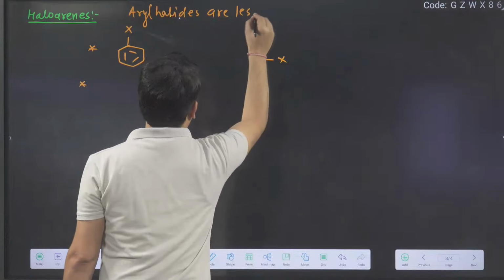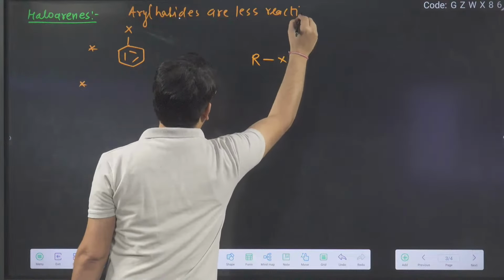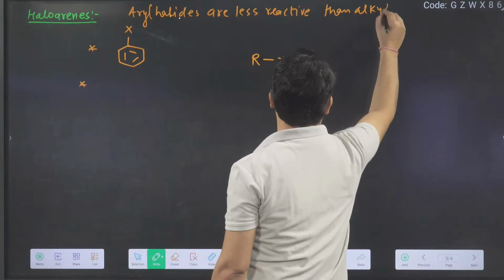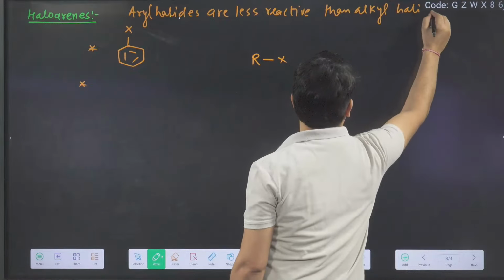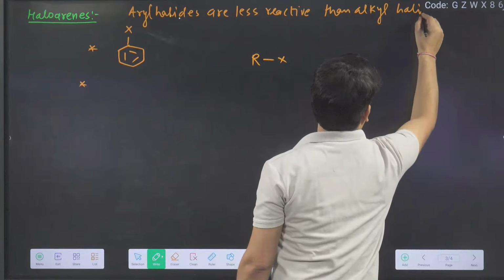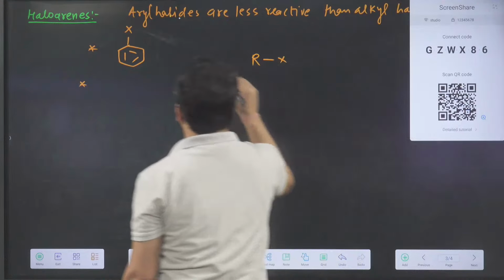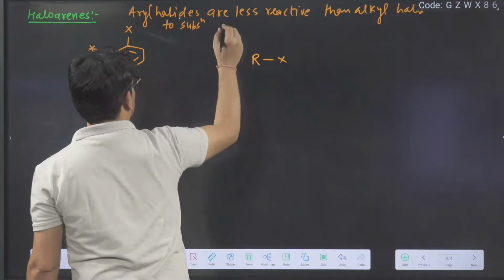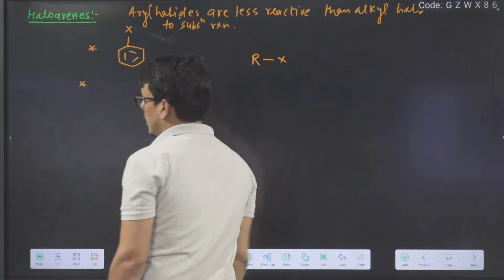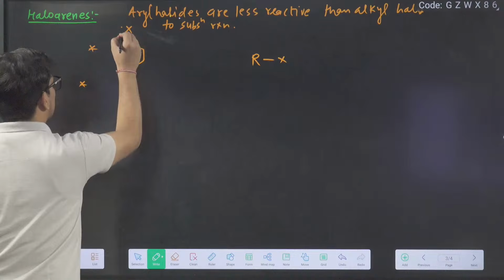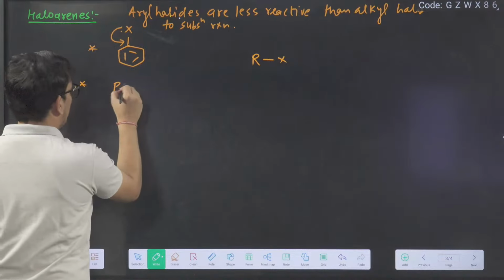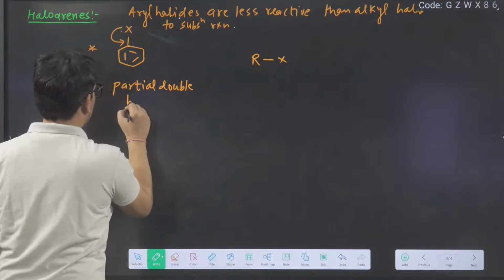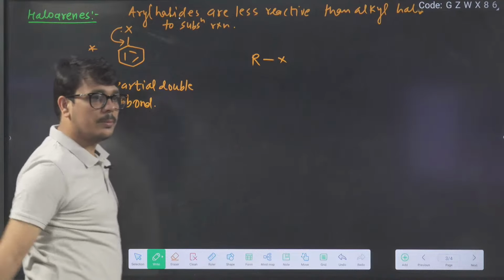Now, first, aryl halides are less reactive than alkyl halides in substitution reactions. How? In this case, first thing, partial double bond.